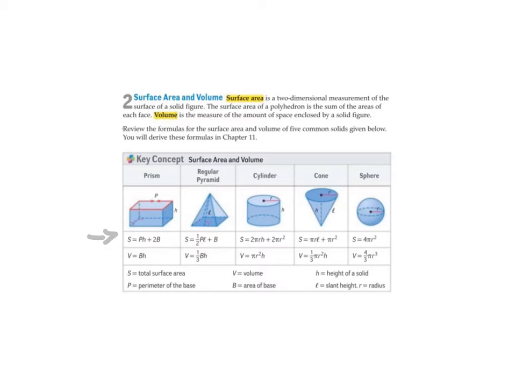So for each and every one of these, so you've got your 5 regular shapes, and then obviously the volume, all right? And again, when you come to the circular type ones, so the cylinder, the cone and the sphere, make sure you read the question whether or not you are using the pi button on your calculator or whether you're going to use 3.14 or whatever number that they give you a degree of accuracy.